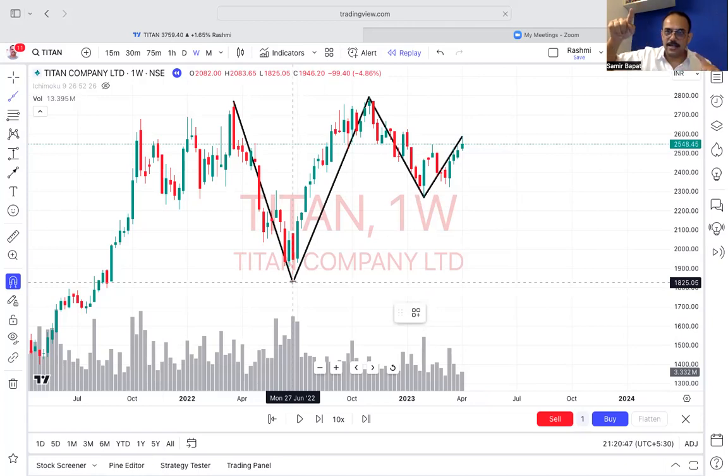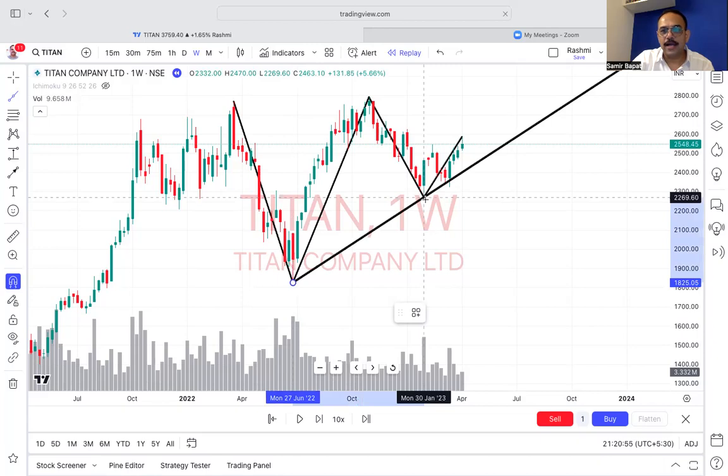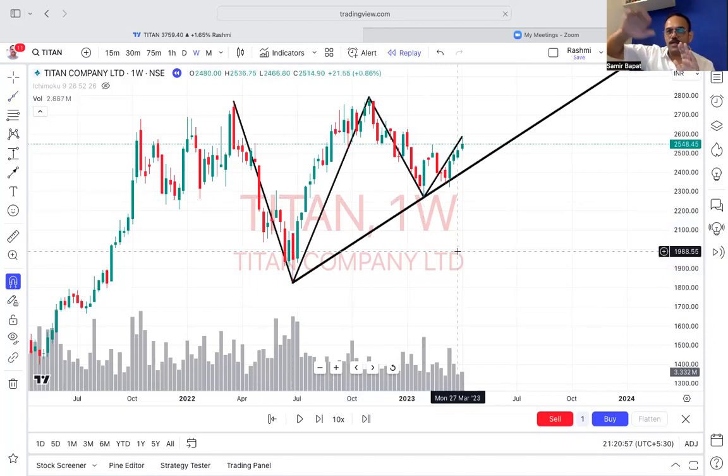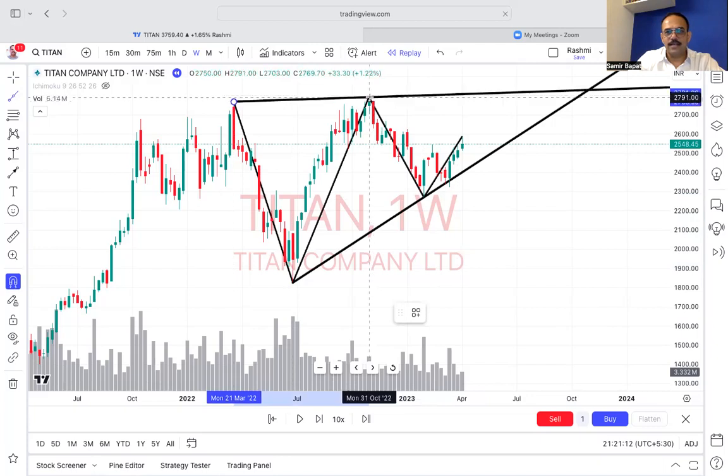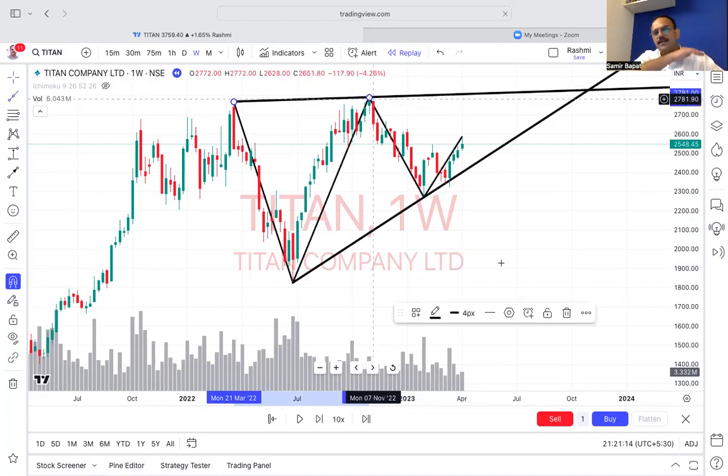Everyone remembers higher lows, remember? So I have this low, and I join this low. So higher lows I have joined. Then highs should be at the same level or going down. They appear almost at the same level, so I'll join this at the same level and go.